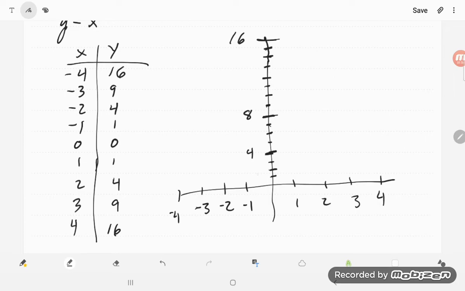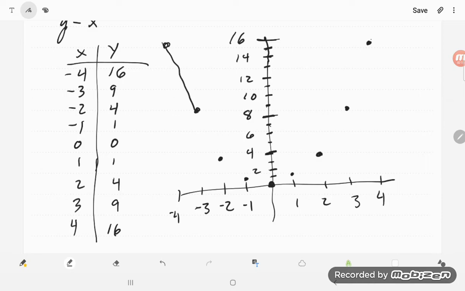Okay, so here we've got 2, 4, 6, 10, 12, 14, like that. So if I plot that, I have 0, 0, and then 1 and a 1 there, and when I go to 2, I'm up here at 4, and 9, and then finally all the way up here at 16.